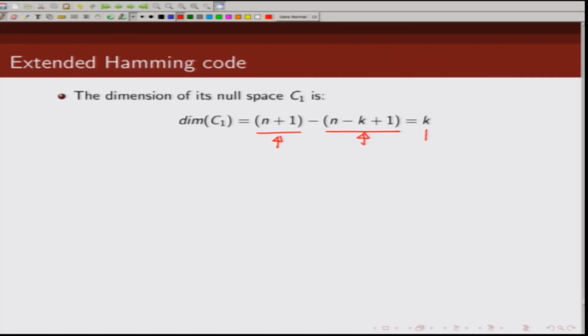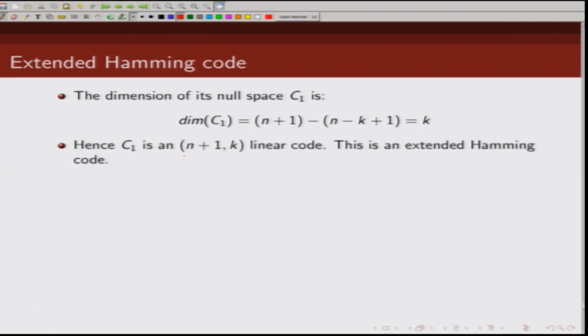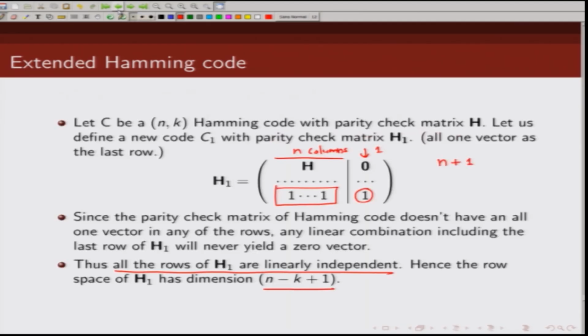So, the dimension of the null space is k. So, this will then generate an (n plus 1, k) linear block code, and this is known as an extension code or extended Hamming code. If this H is a parity check matrix of a Hamming code, the code described by H1, which is given by this, would be the extended Hamming code.